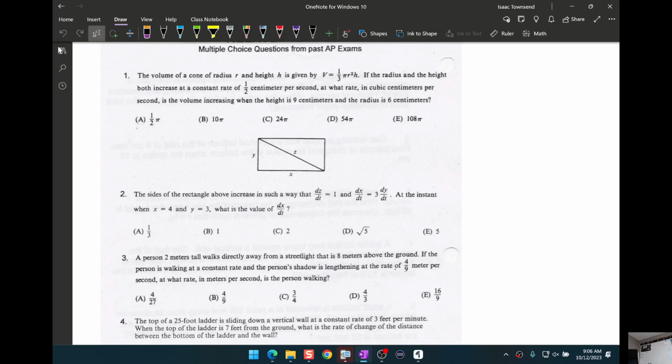Would this be the same answer as the answer? How did it become?